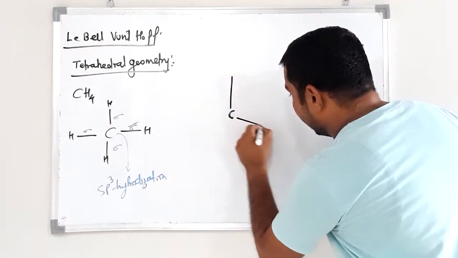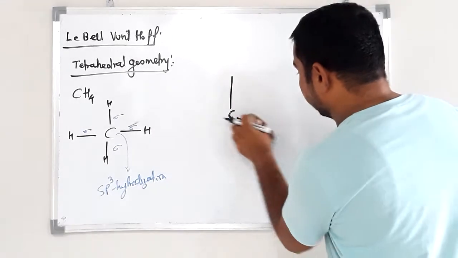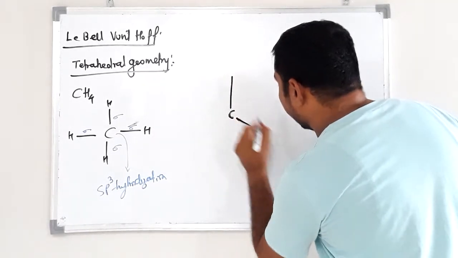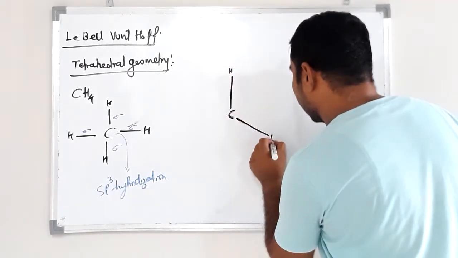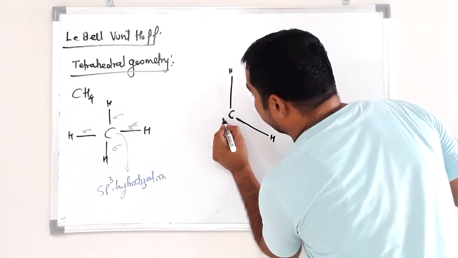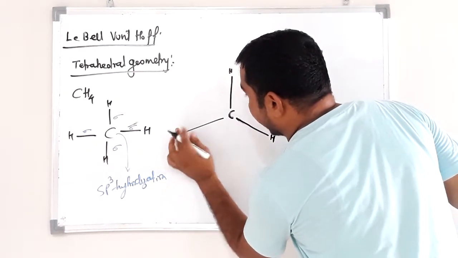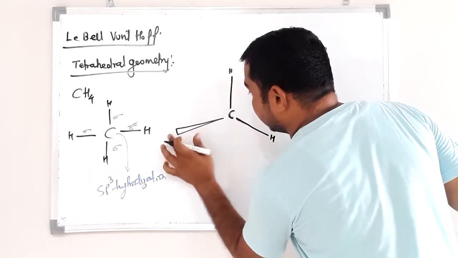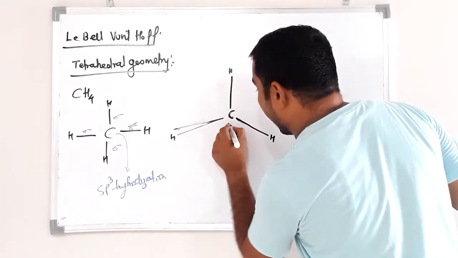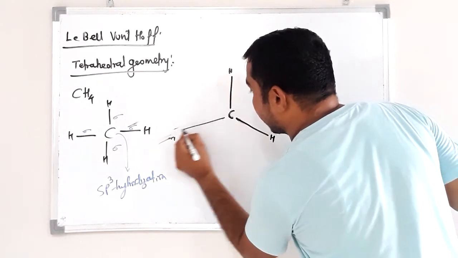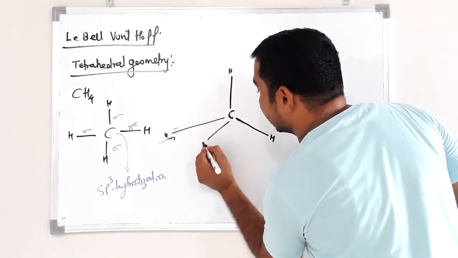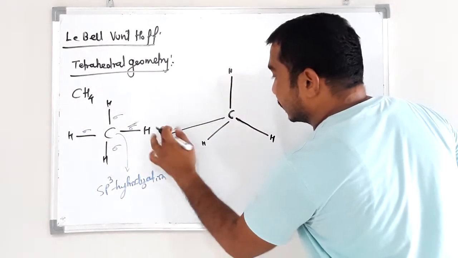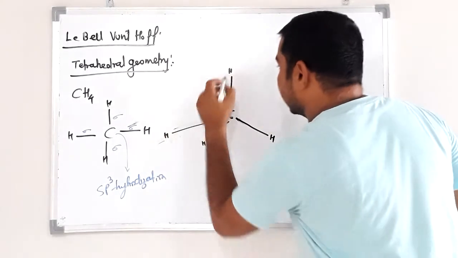See, I will draw the tetrahedral geometry: hydrogen, hydrogen, hydrogen, and this is hydrogen, like this.